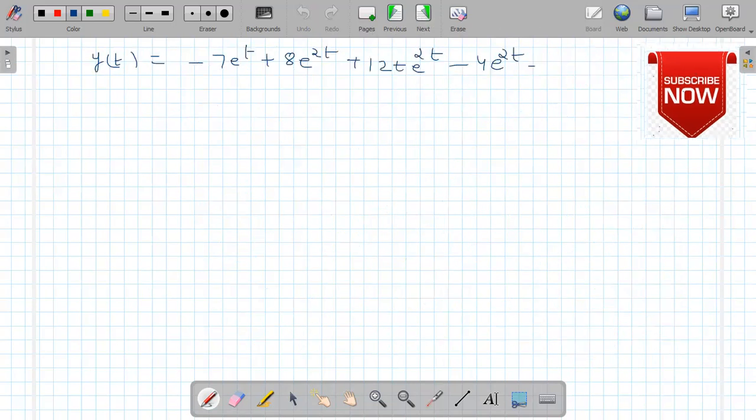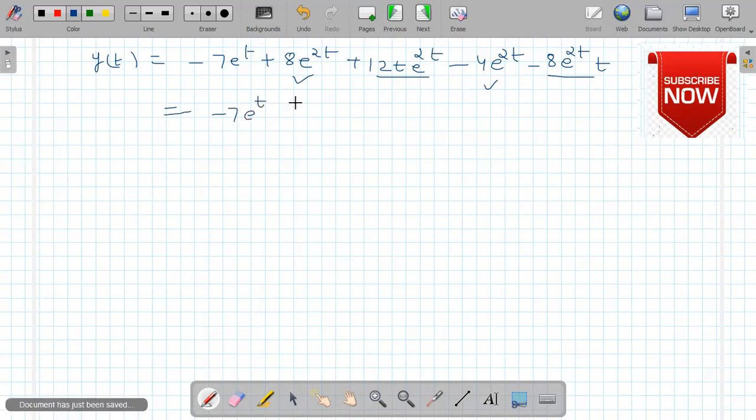So it is 8e^(2t) into t. So again we can combine these two, and this can combine with this. So this is minus 7e^t plus 4e^(2t) plus 4te^(2t). This is the answer.